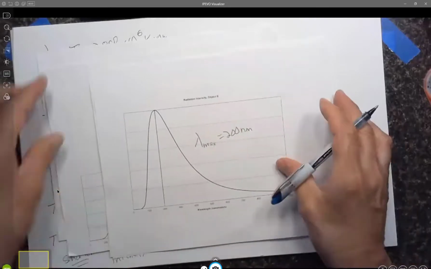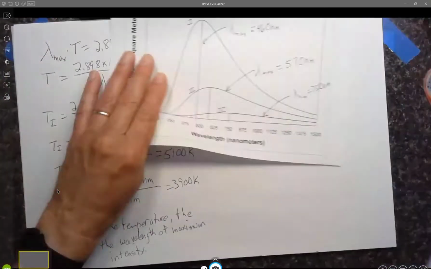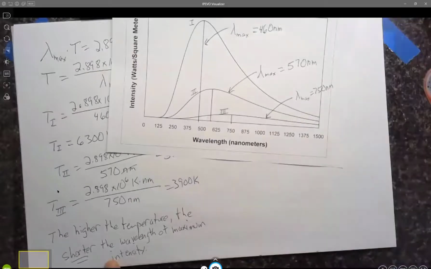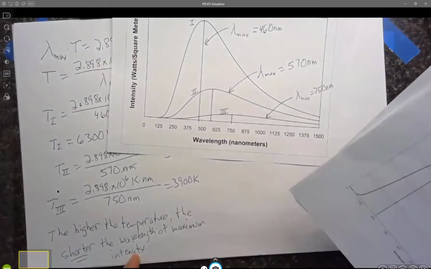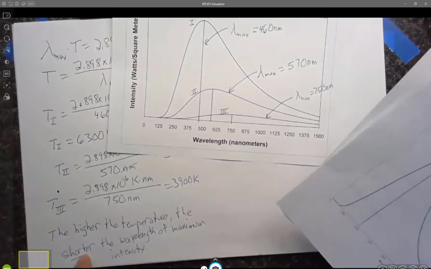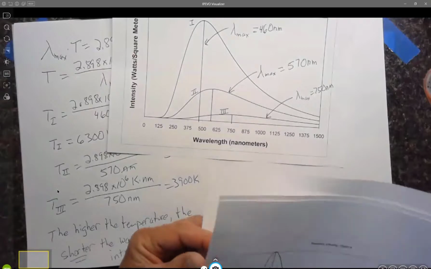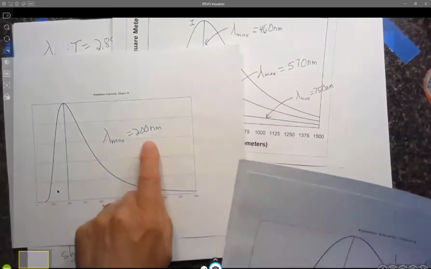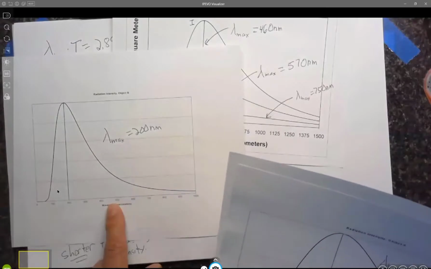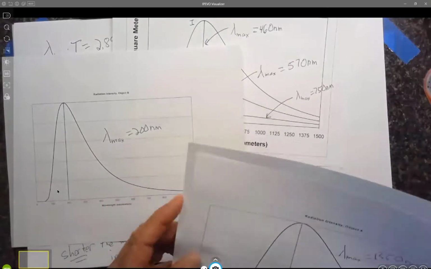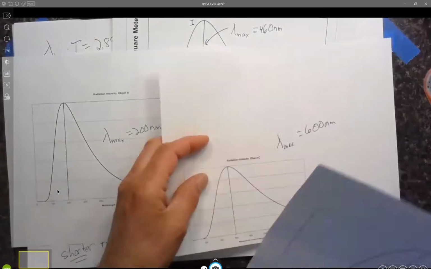Okay, now the thing I've got here is the higher the temperature, the shorter the wavelength of maximum intensity. That means the shorter the wavelength of maximum intensity, the higher the temperature. Which means this object B that I've got here with its lambda max at 200 nanometers is hotter than the one that had 600 nanometers.